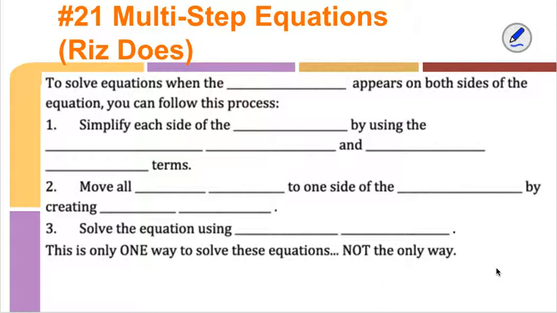To solve equations when the variable appears on both sides of the equation, you can follow this process.